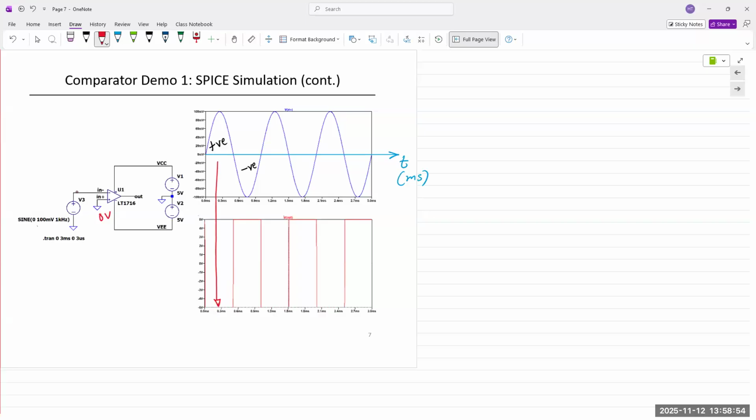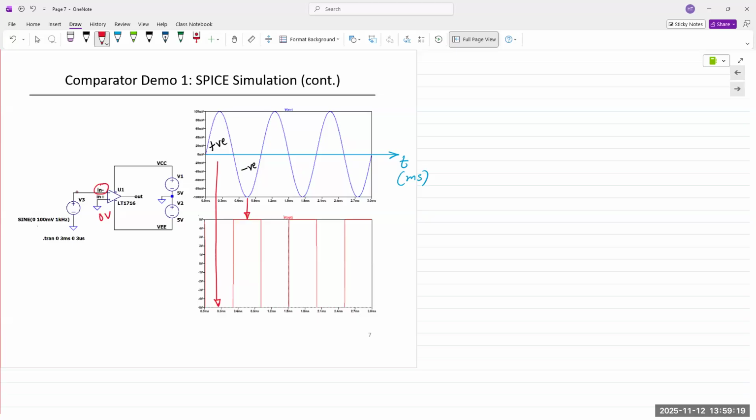And then when the sine wave input goes below 0, meaning the negative terminal is below 0, now the positive terminal at 0 is higher. If the positive terminal is higher, the output of the comparator goes high.